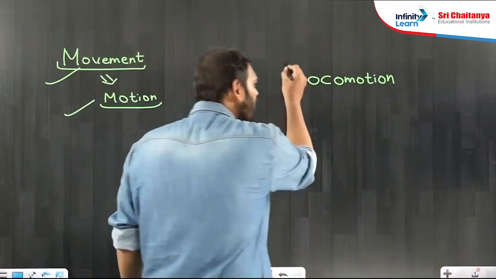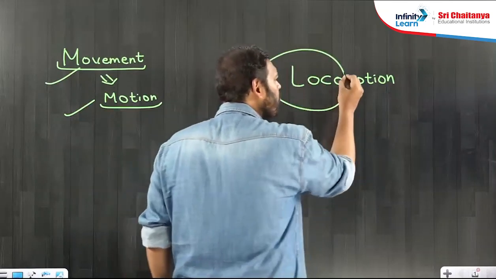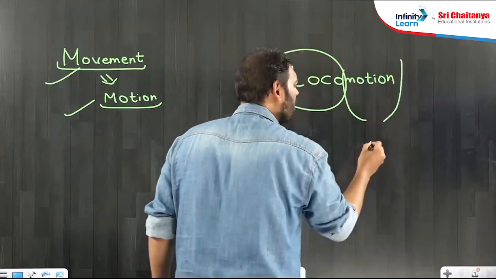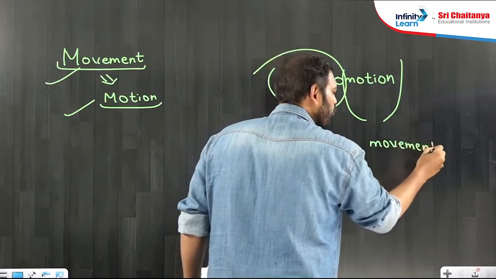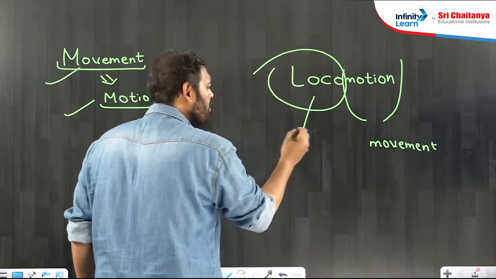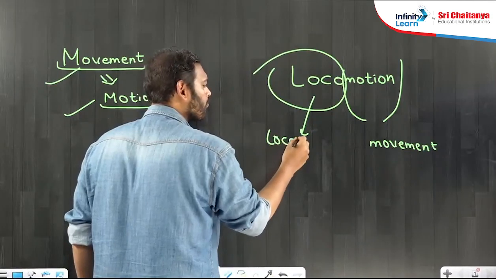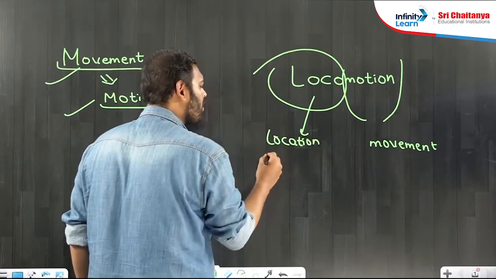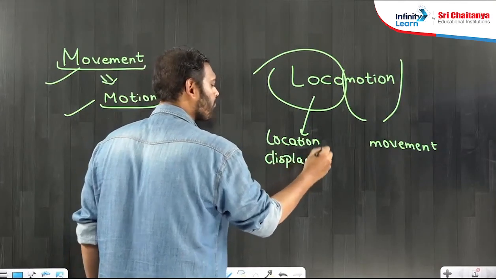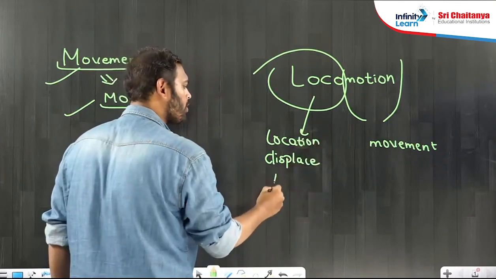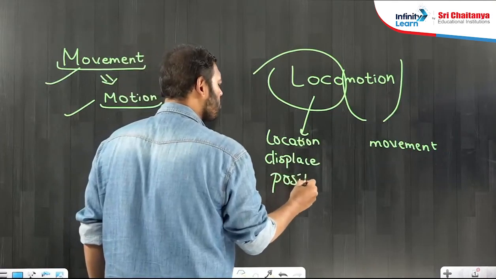Therefore, we can say that any kind of motion, any kind of movement which can actually change your location, which can actually displace you from one place to the other place, change your position, all are synonyms.